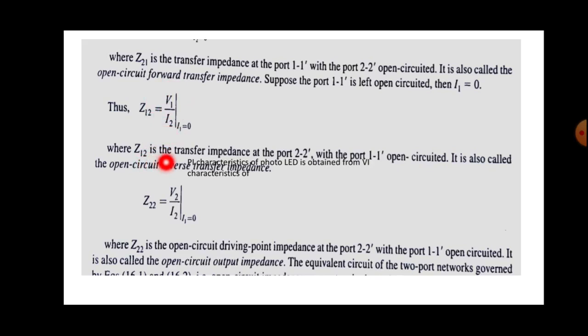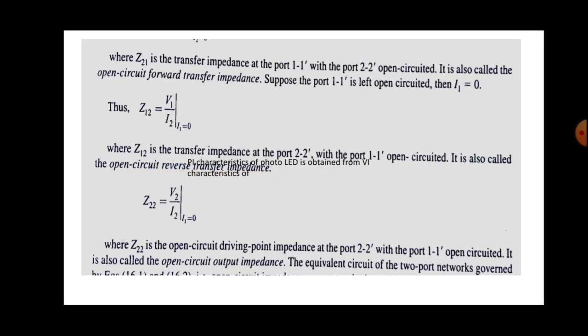Z12 is also called the open circuit reverse transfer impedance. In the previous case it was the open circuit forward transfer impedance. Now it is the open circuit reverse transfer impedance.